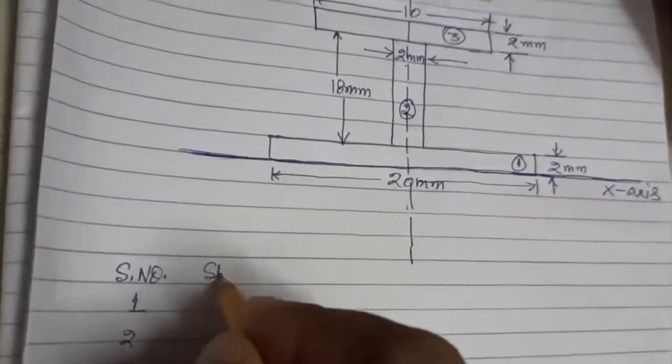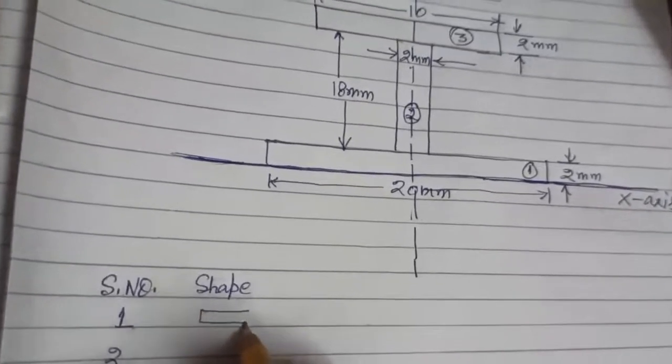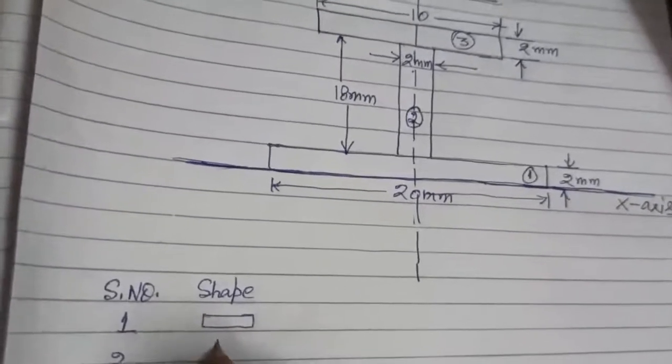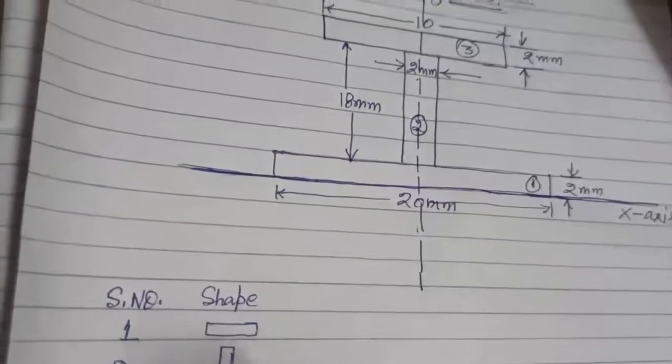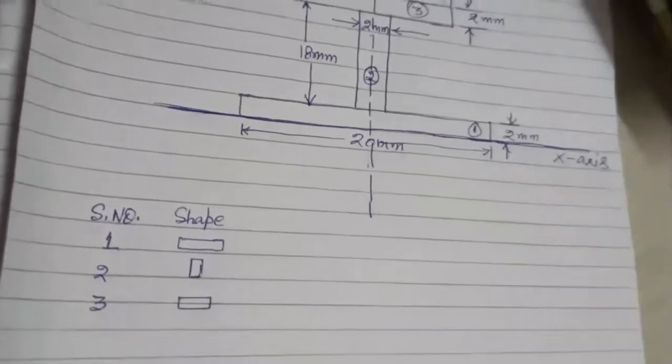Now the shape. The shape is a rectangle like this, the second is like this, and the third one is like this.